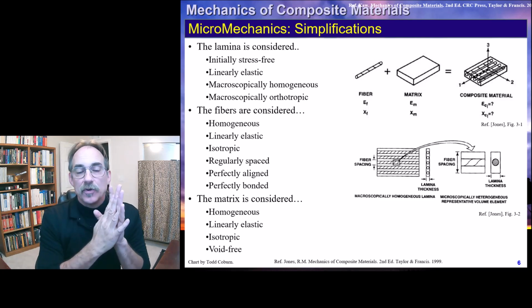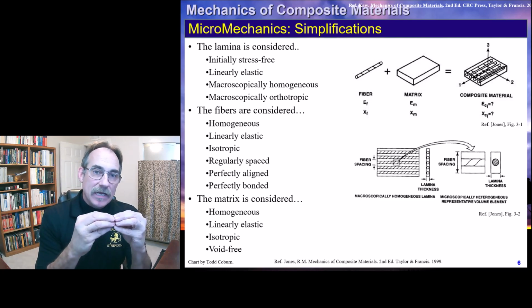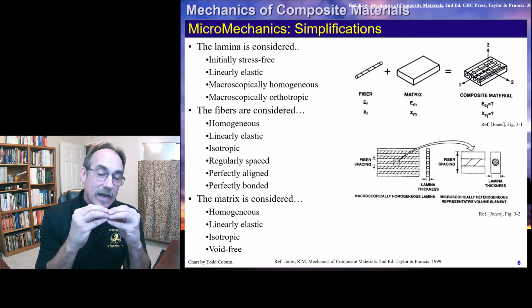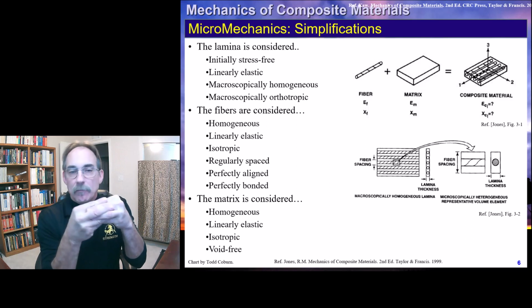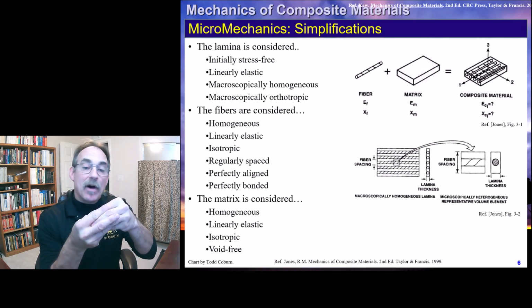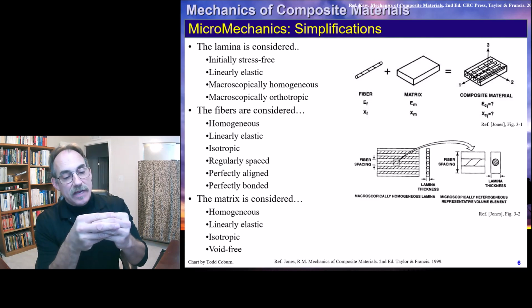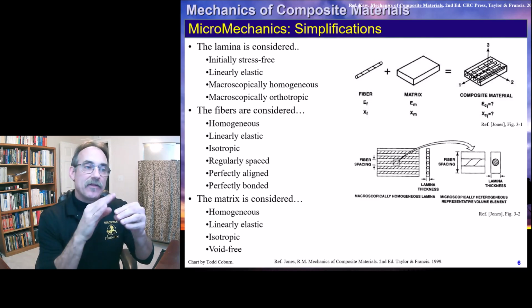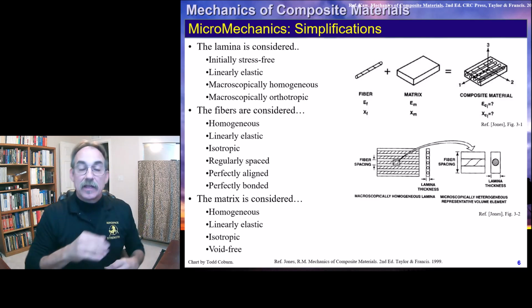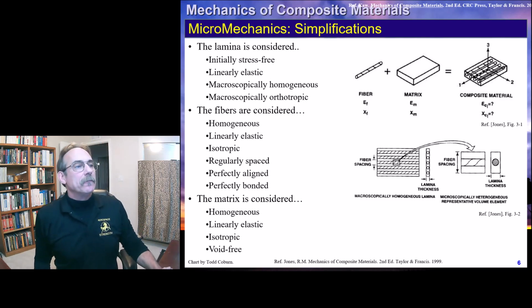It's not really true, because the matrix should be completely wetting the fiber such that everything is in perfect contact and bonded together. So in any cross section, you can't really distinguish those constituents very well from each other.